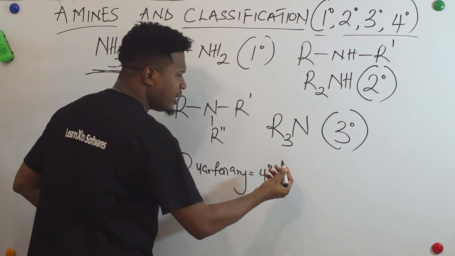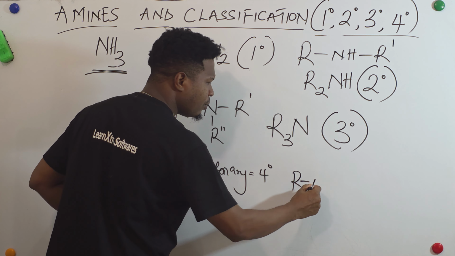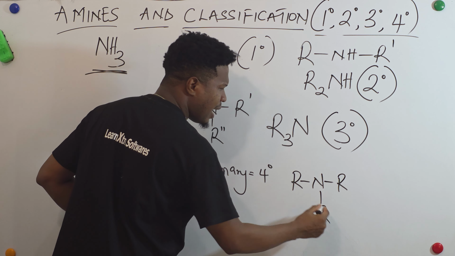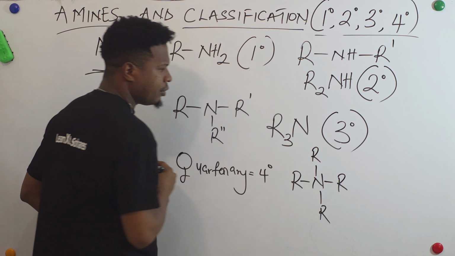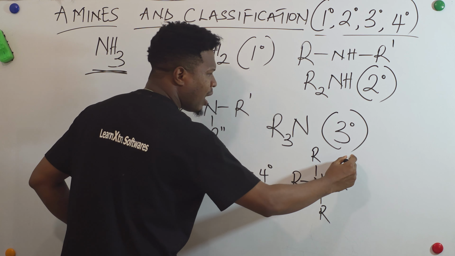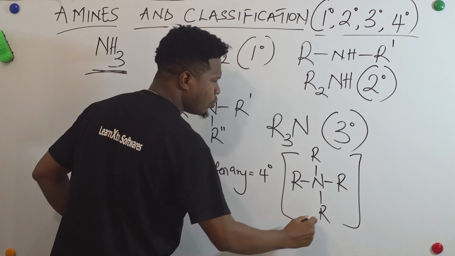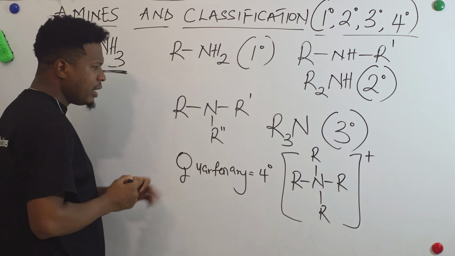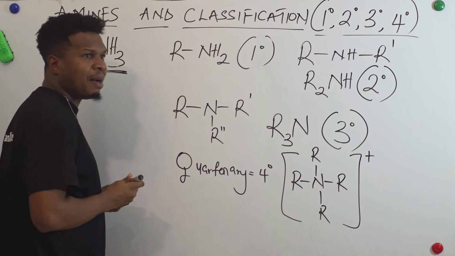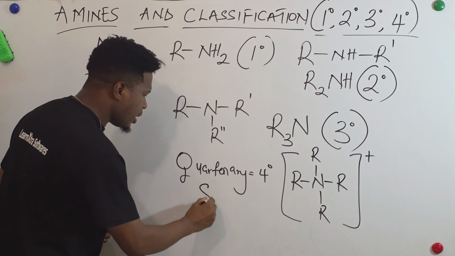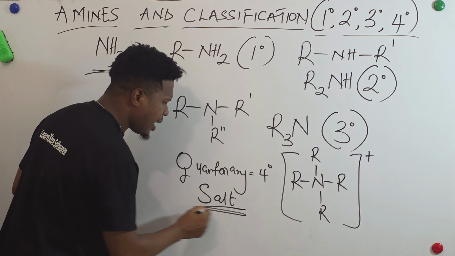In this amine, we have R, N, R, R, and another R, but it is going to have a positive charge at the end of the day. Quaternary amines always appear as a salt.